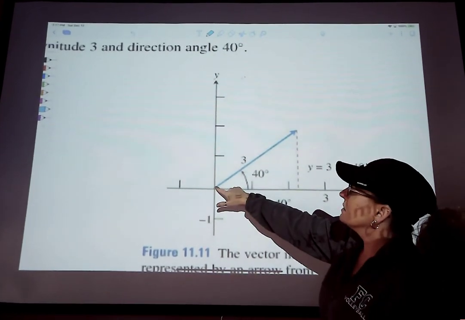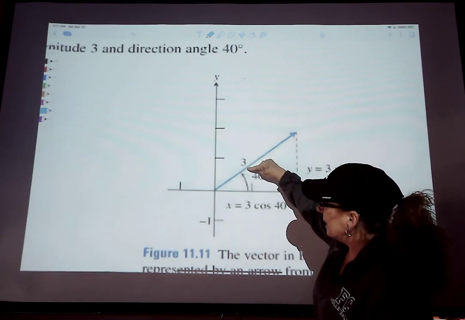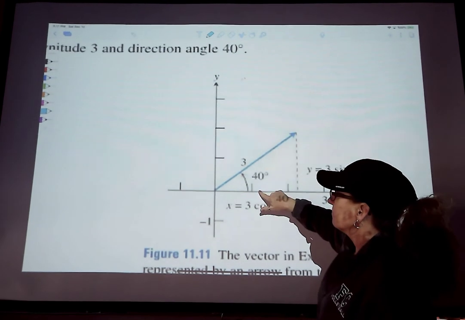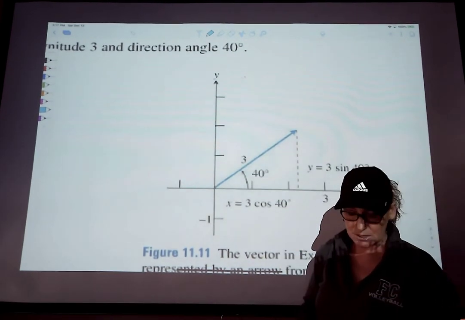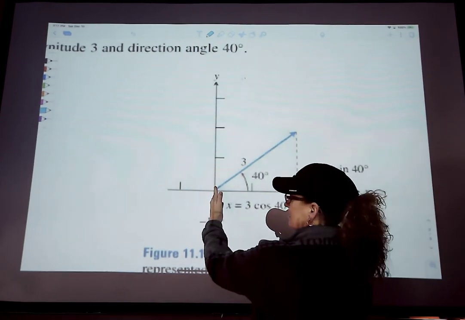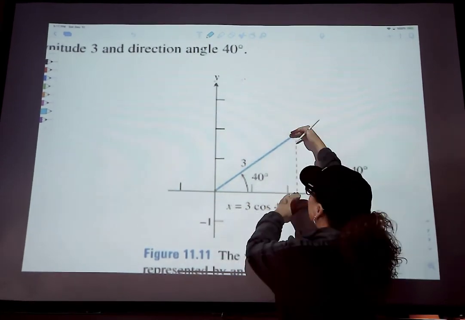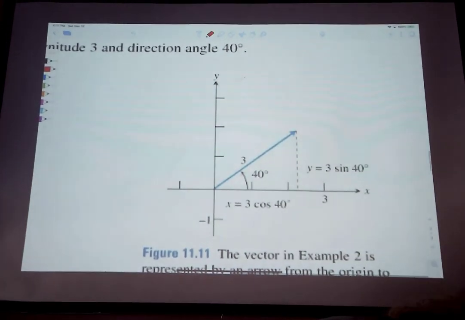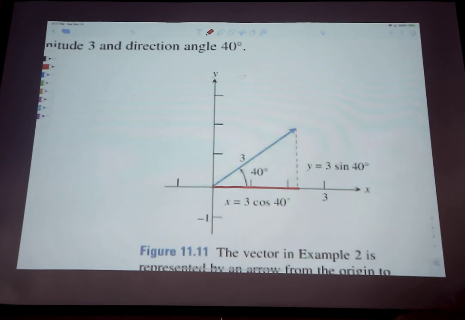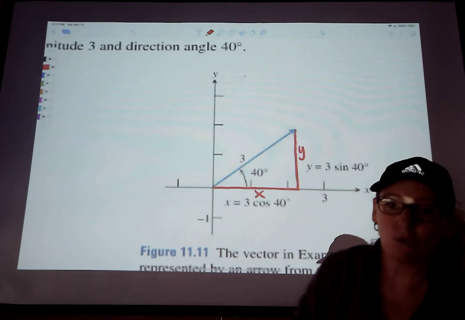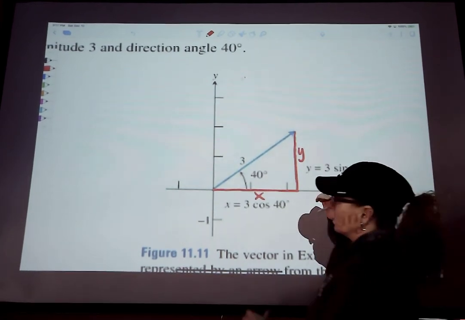So I drew a segment with a 40-degree angle here and a length of 3. So the magnitude is 3, angle is 40. Component form, I need change in x, this distance, and change in y, this distance. So here's my thinking.